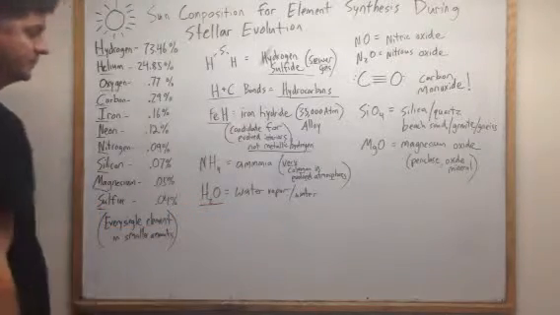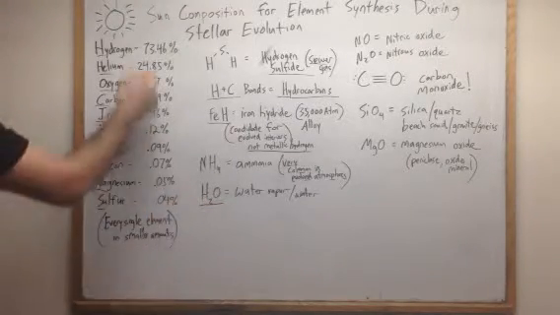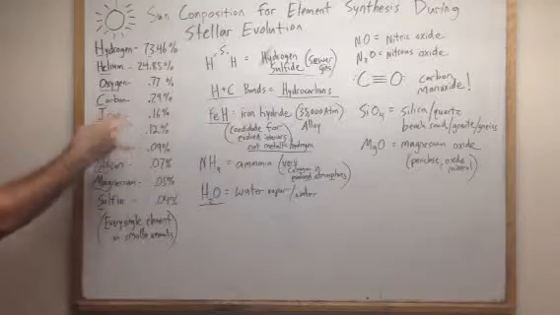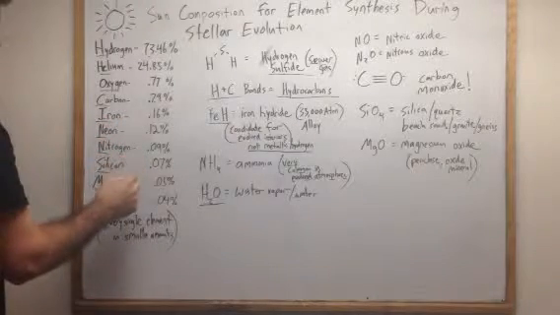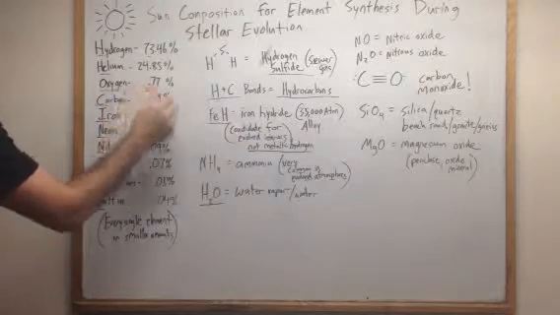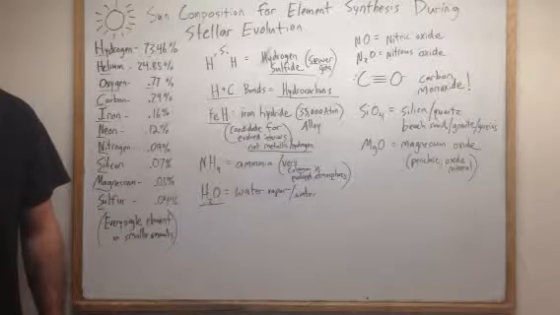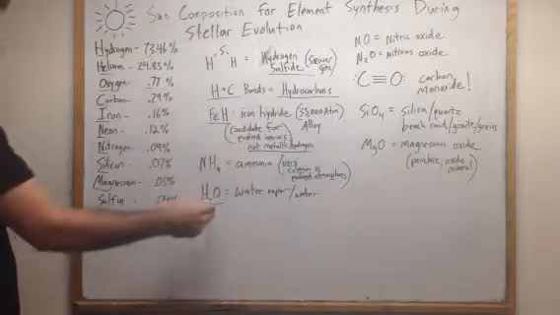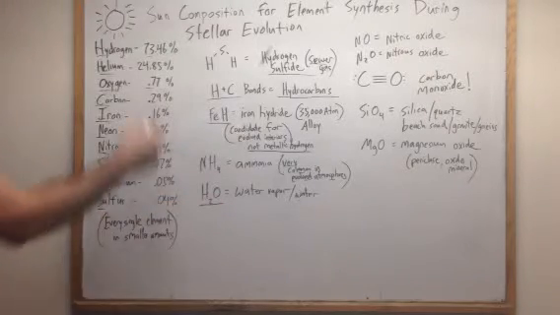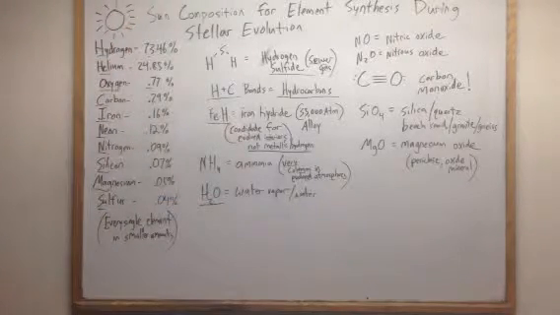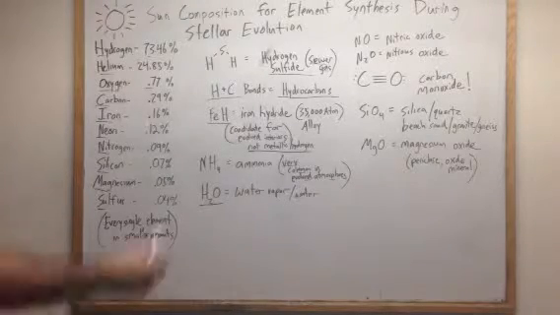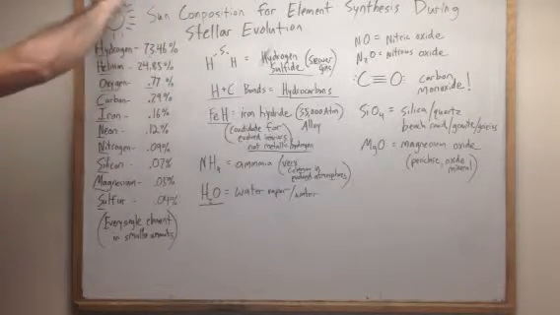Here's a familiar one. What happens when you take a lot of hydrogen and you combine that with oxygen? Where's oxygen at? Oh yeah, look, the third most abundant. That's why water is abundant all over the place. Water is a direct result of a star combining hydrogen with oxygen, and which will rain down in its interior.